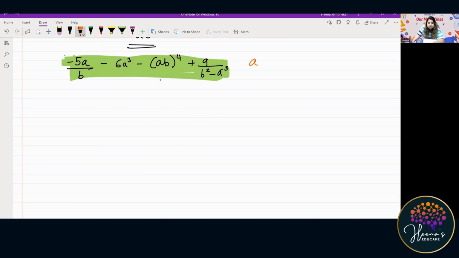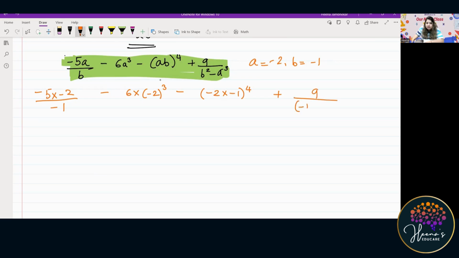A is -2 and B is -1. So it will be -5 into -2 upon -1 minus 6 into A cube, which is -2 cube. Now minus bracket A into B. What is -2 into -1? The whole raised to 4 plus you have 9 upon B square, that is -1 square minus -2 cube.